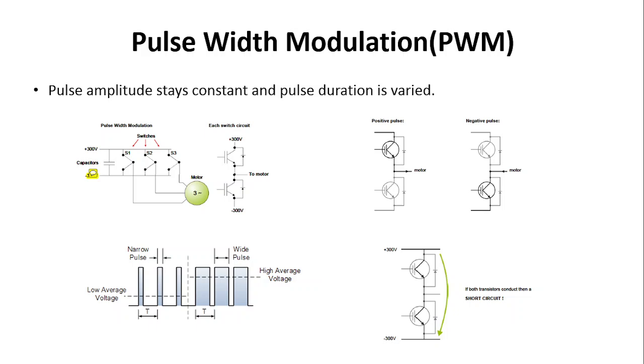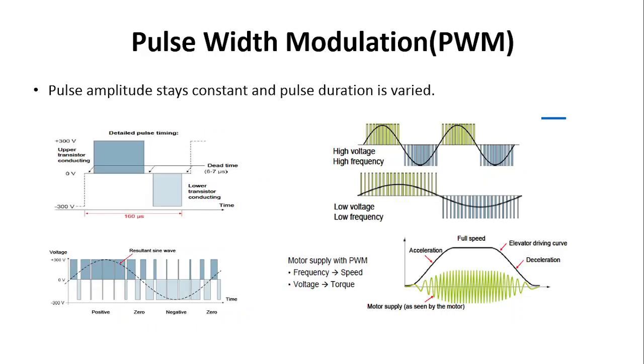You could see that when the speed has to be lower, the voltage should be reduced. In order to reduce the voltage, the width of the pulse is narrowed. When you want to increase the speed, the average voltage should be higher, so the on time of the switch is higher compared to the off time. This is how we achieve the pulse width modulated waveform.